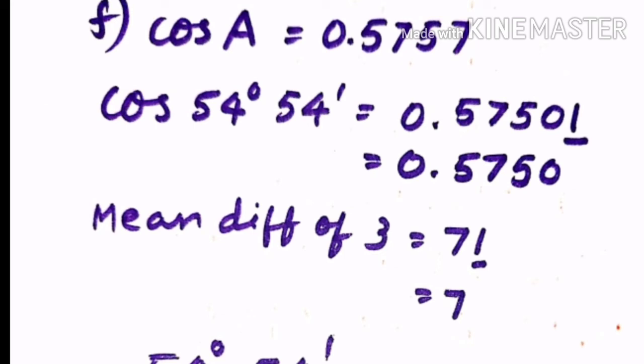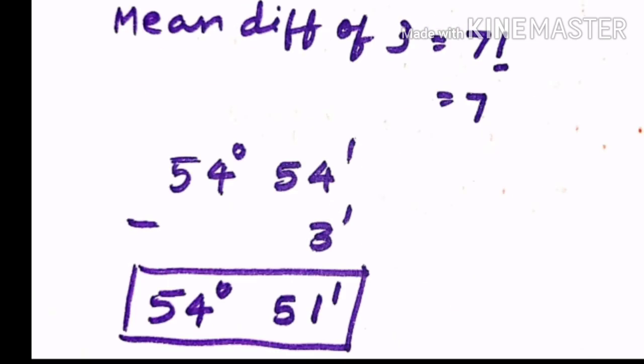Mean difference of 3 is equal to 71. But 71 is always 2 digits, so we will round it off and write 1 digit. So 1 will be removed here and we write 7 only. This mean difference of 3 we will subtract. Why? Because this is a cosine table. So from 54 degree 54 minute, 3 minute is subtracted.